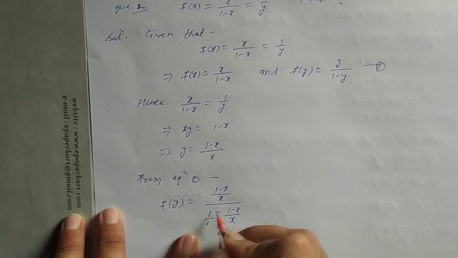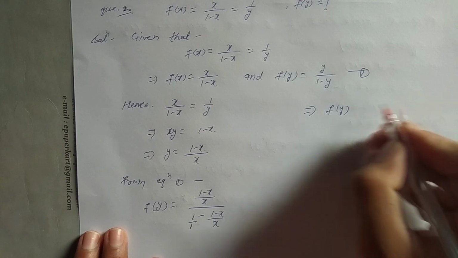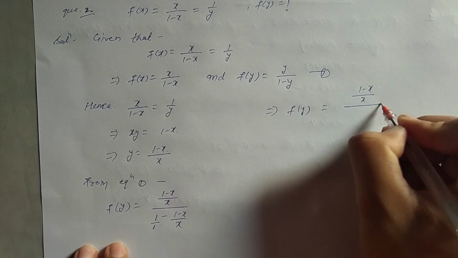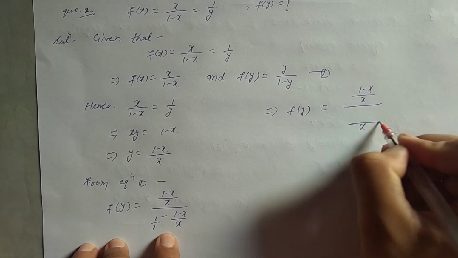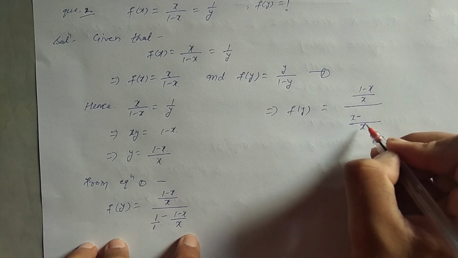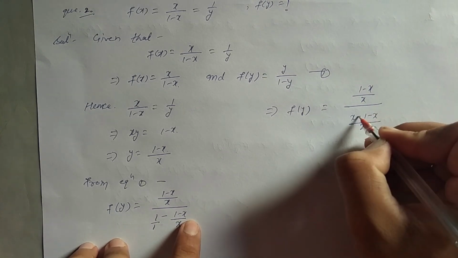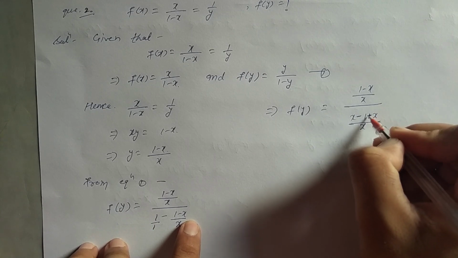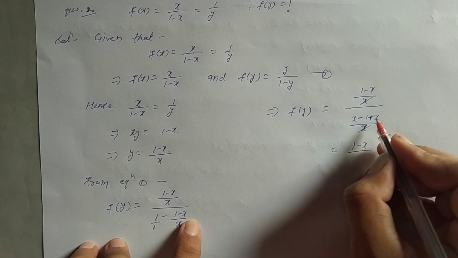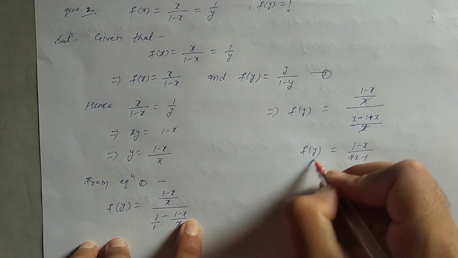Taking LCM x, it is (1 minus x) by x upon (x minus 1 plus x) by x. Here the x cancels, so it is (1 minus x) upon (2x minus 1).